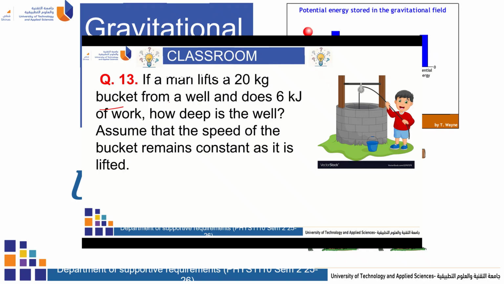So the question says a man is lifting this bucket, the mass of the bucket is 20 kilogram, and this person has done 6 kilojoule of work. Here they're asking what is the height of the well. This is the ground and the bucket is here, and after some time the bucket will come up to here, and this amount of work is done.